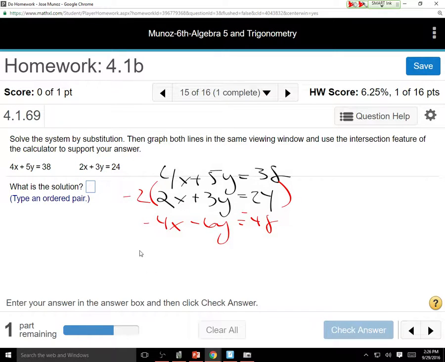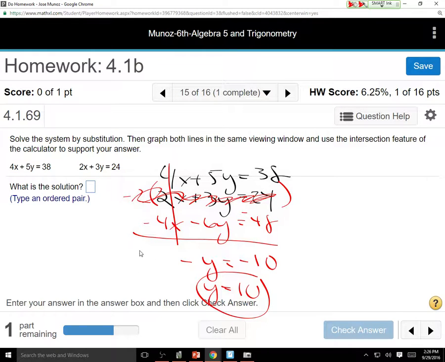Yeah, okay. Gone. That's going to give me negative y, because I'm not looking at this one anymore. So I'm just adding them up now. So 38 minus 48 is negative 10. So y is 10.